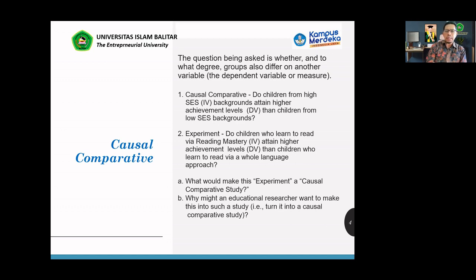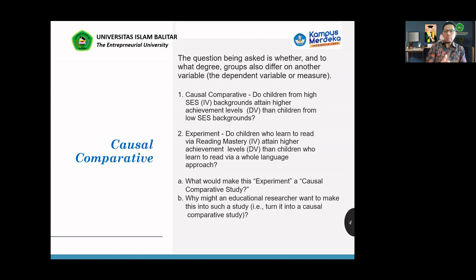In experiments, we will have a question like: do children who learn to read via Reading Mastery, the independent variable, attain higher achievement levels, the dependent variable, than children who learn to read via the whole language approach? In this case, you can see the difference. Then, of course, you will have a discussion after this with your group, and I'll help you to understand more in our discussion later on.